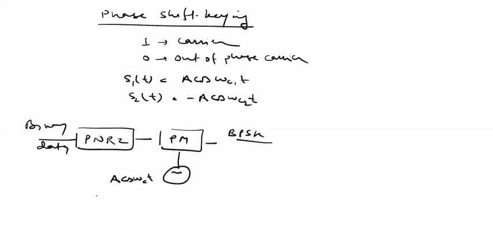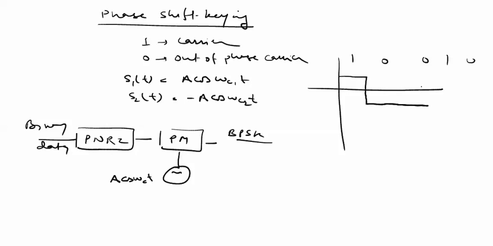The basic idea of generation is first to apply polar NRZ: 1 0 0 0 1 0. For 1 it is positive, for 0 negative, positive and again negative.